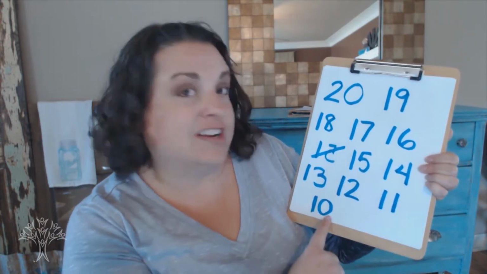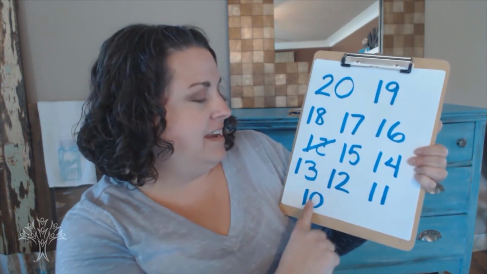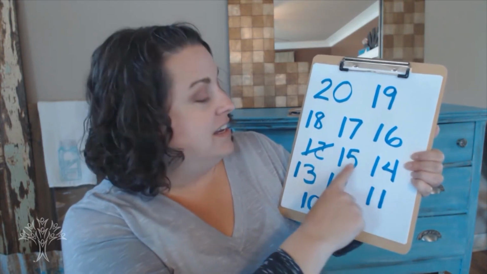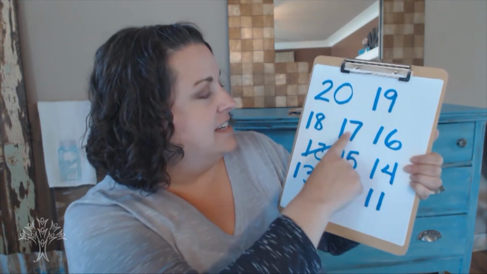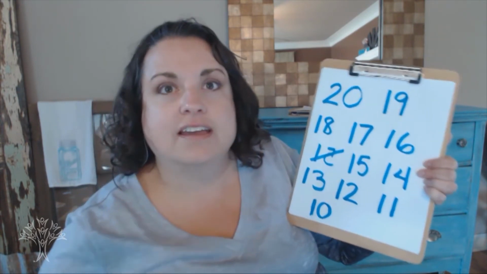Mathematicians need to be able to count backwards or forwards from any number. Let's start at 10 and read them going forwards. 10, 11, 12, 13, 14, 15, 16, 17, 18, 19, 20. Nice job practicing writing your numbers.